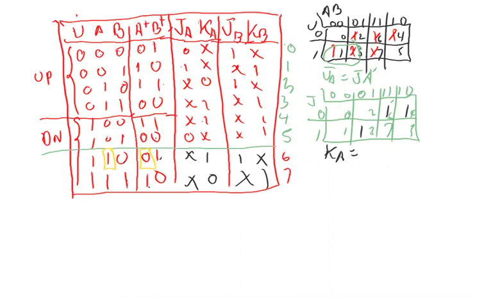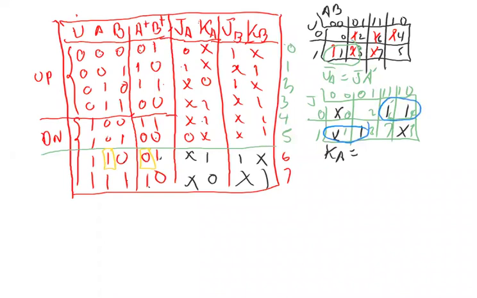I got don't cares in elements 0, 1, 5. So now I got to do my looping, and that's a good loop right there, and that's a good loop right there.